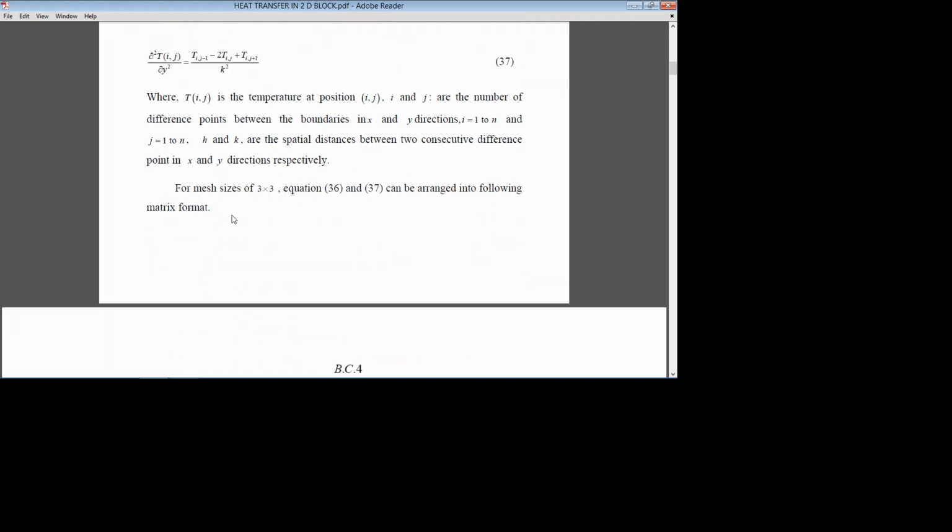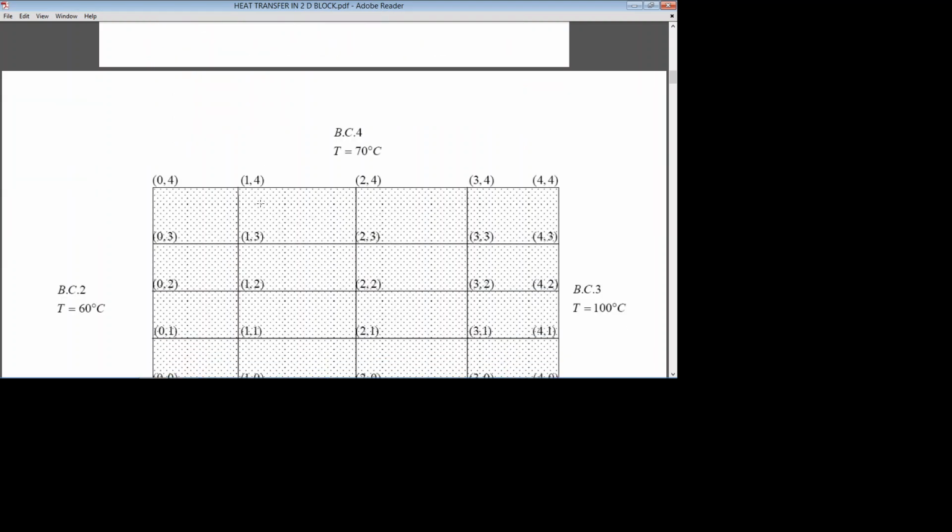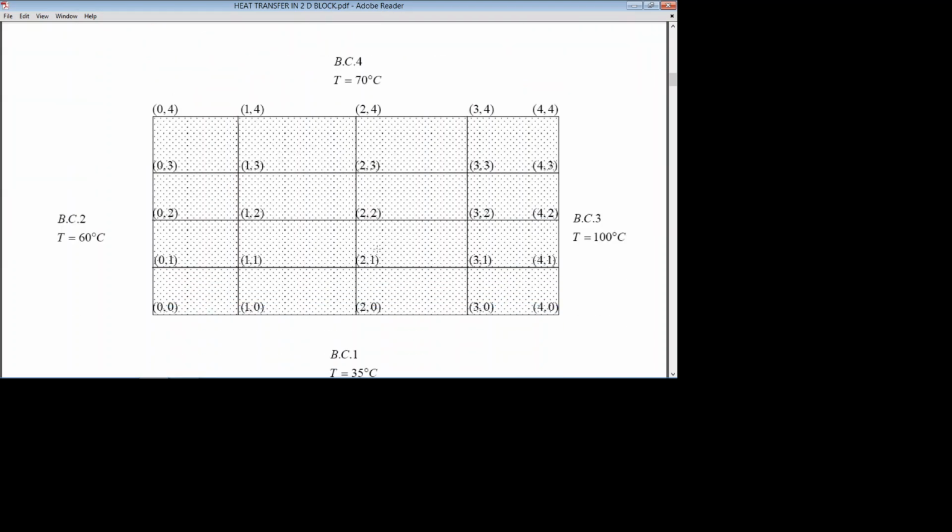Let's say for a mesh size of 3 by 3, this is what our system will look like. We move to i equal to 1, where j changes from 1 to 3; then i equal to 2, where j changes from 1 to 3; then i equal to 3, where j changes from 1 to 3.